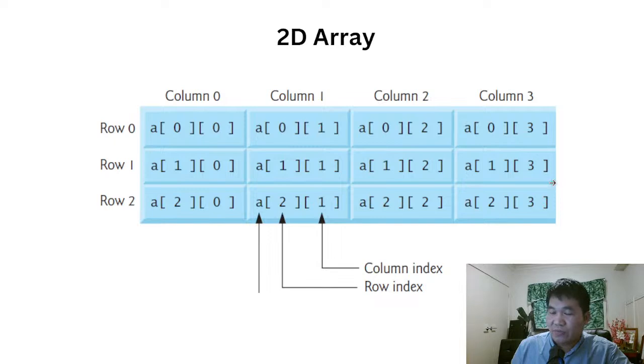So in 2D array, we have the row and the column. So we are starting with the 0 index for row and 0 index for column. And this is the 0 index for row, and this is the first index for column, and so on.